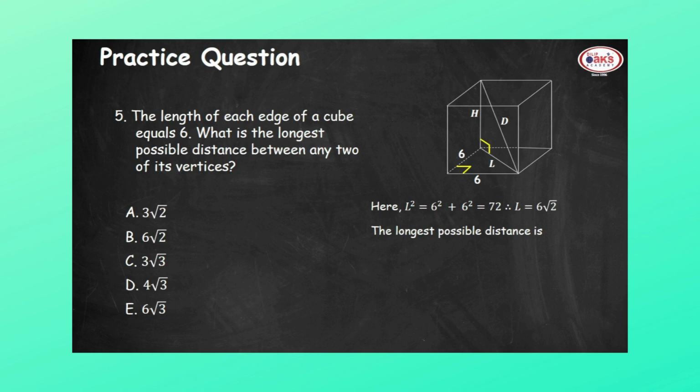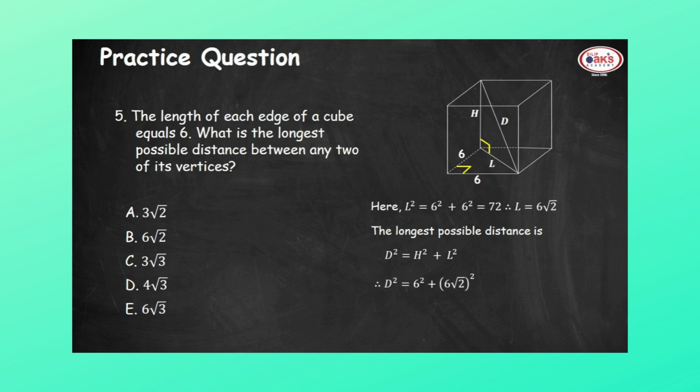Therefore, once again we can point out that there is a right triangle formed having dimensions L, H and D, which implies that D square is equal to H squared plus L squared. But we have figured out that L is 6 root 2 and we can see H is the height, which is equal to any other edge of this cube. So H is actually 6.